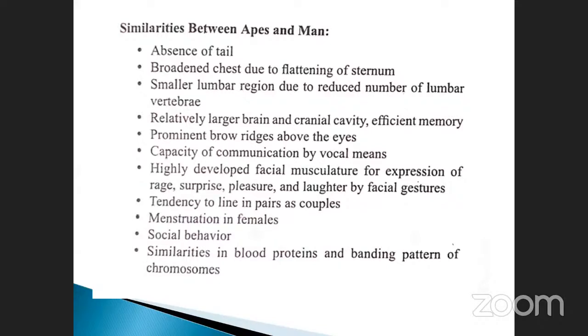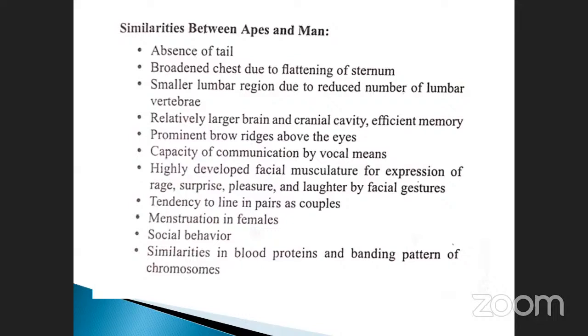Smaller lumbar region. Lumbar region means, to take an example of the backbone, when we are sitting, the lowest bone is called the lumbar region. Due to the reduced number of lumbar vertebrae, the size of the vertebral column is also much reduced or condensed. Okay, like that.